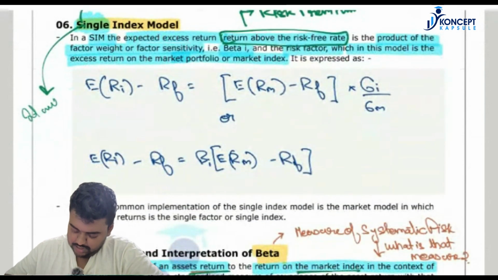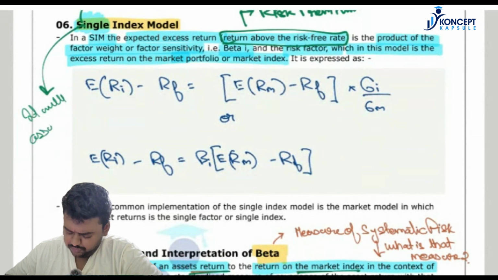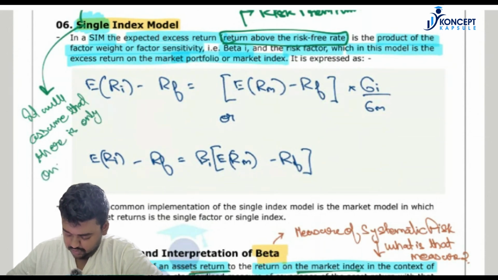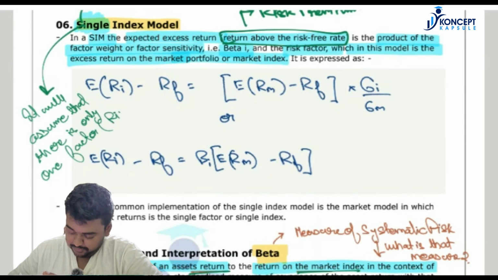Which means it will assume that there is only one factor or risk influencing the return. And what is that factor?